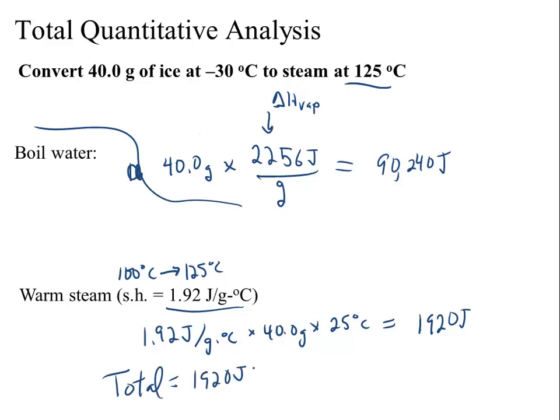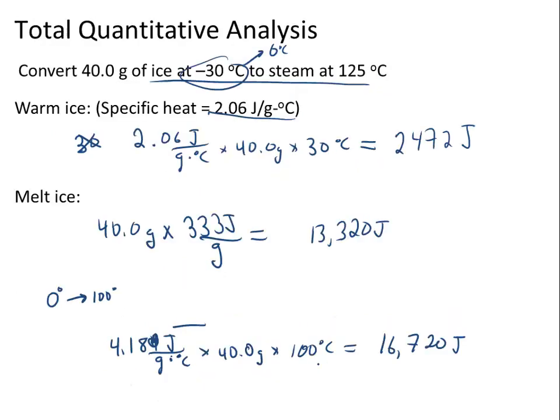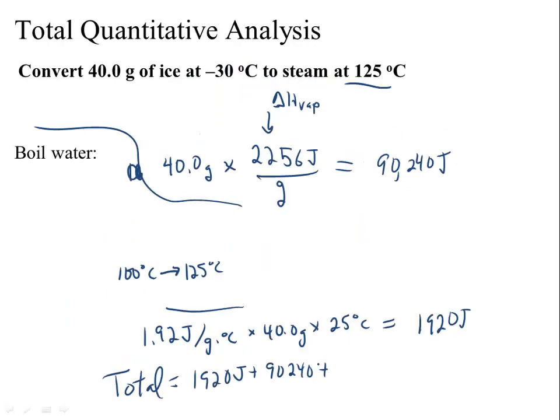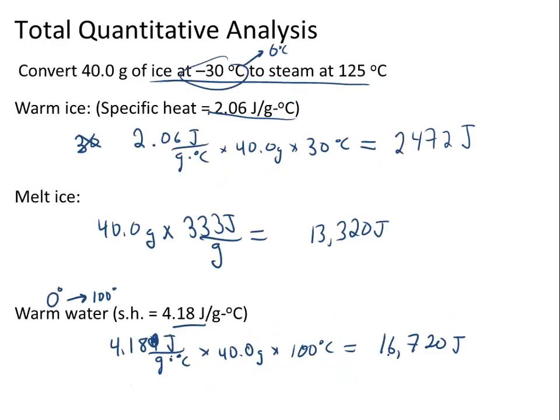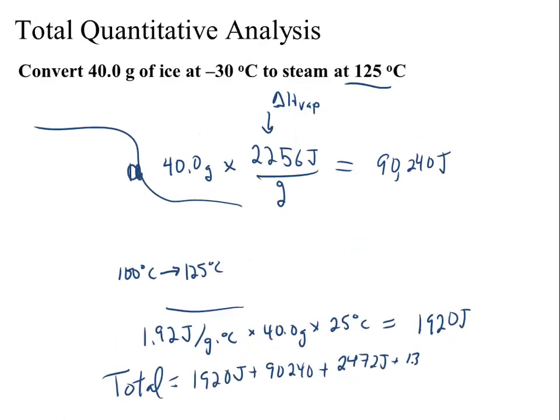So the total is, we just add up those numbers: 1,920 joules plus 90,240 joules plus 2,472 joules plus 13,320 joules plus 16,720 joules.